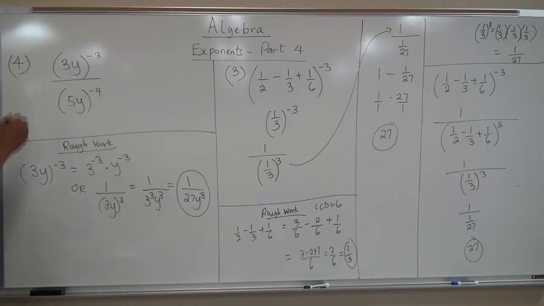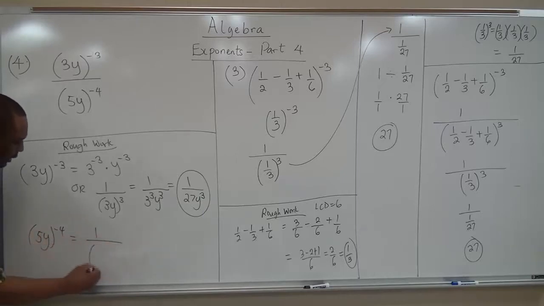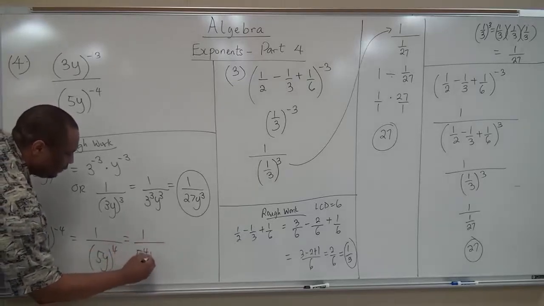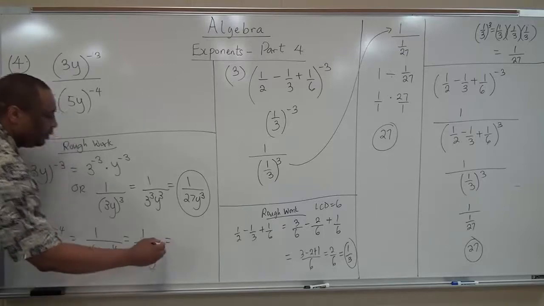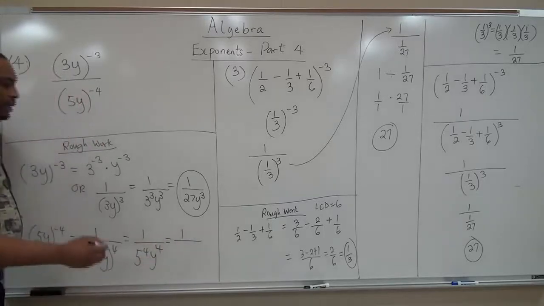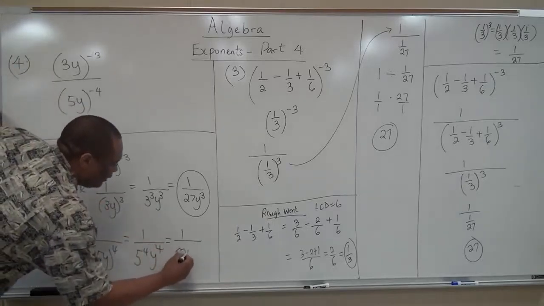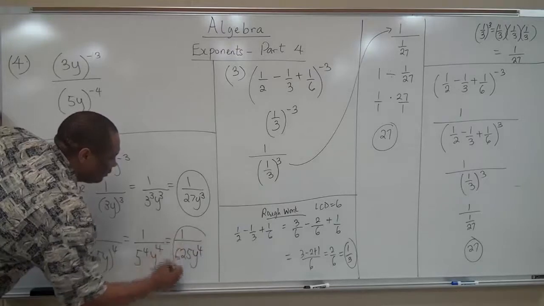The top is the numerator, the bottom is the denominator. We have that 5y exponent negative 4 is 1 over 5y exponent 4. That gives us 1 over 5 exponent 4, y exponent 4, which is 1 over 5 times 5, 25, times 5, 125, times 5, 625y exponent 4.